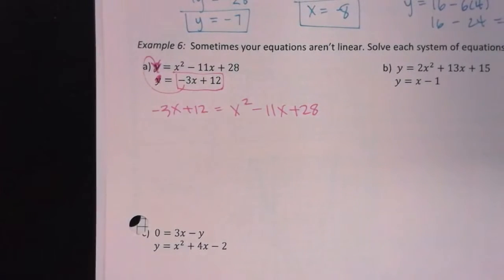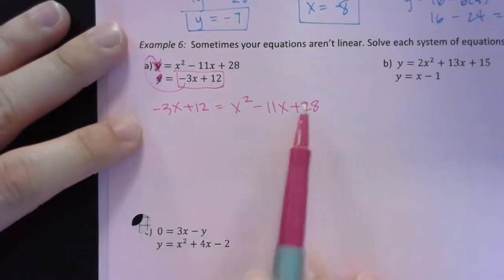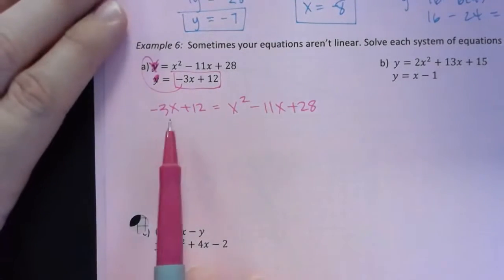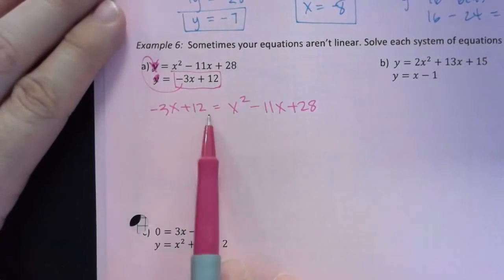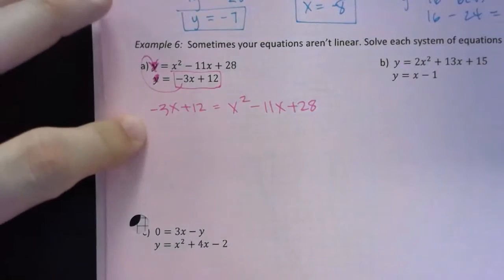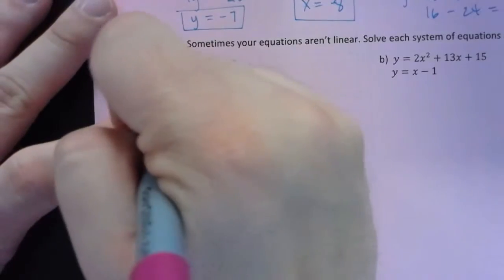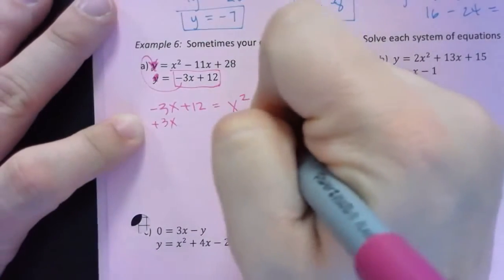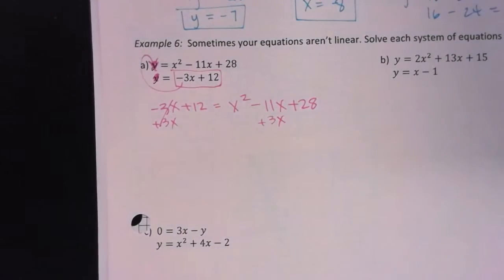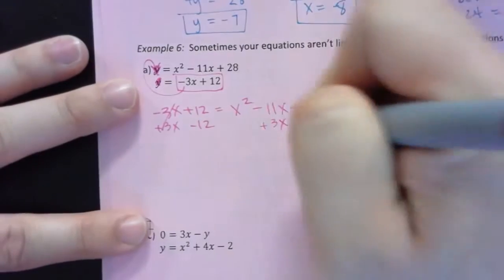Okay, so we're going to factor if we can. In order to factor and solve by factoring, I need to have everything on one side. So it has to be a bunch of stuff on one side, 0 on the other, which means we have to get rid of the minus 3x, we have to get rid of the plus 12. To get rid of the minus 3x, we do what? Add 3x. Minus 12, minus 12.